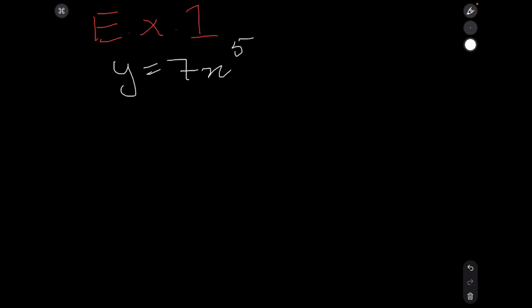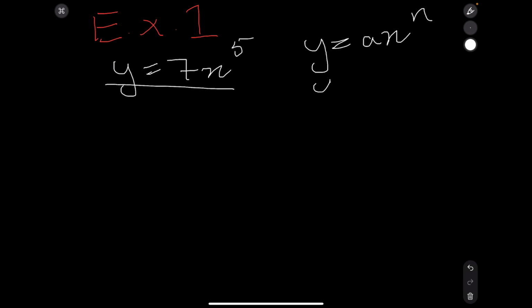Suppose this first example was y equals 7x to the 5, as you can see here. Given the rule from before, if we had y equals ax to the n, and the first derivative was y dash equals an x to the n take 1, we would want to minus 1 from 5, and then multiply 5 at the start of the function.